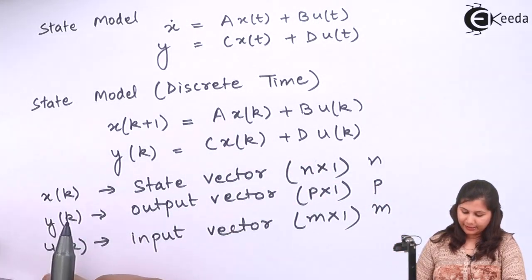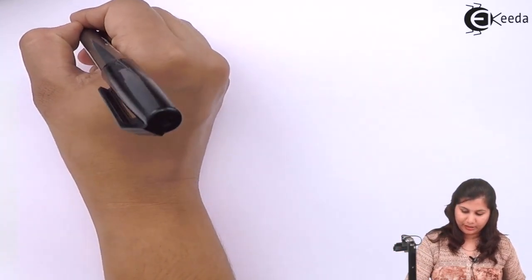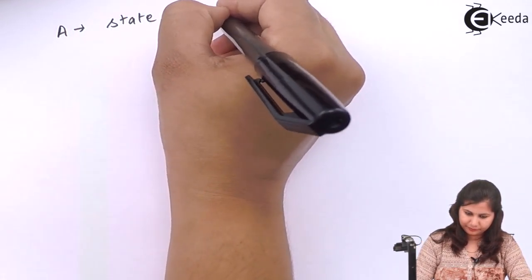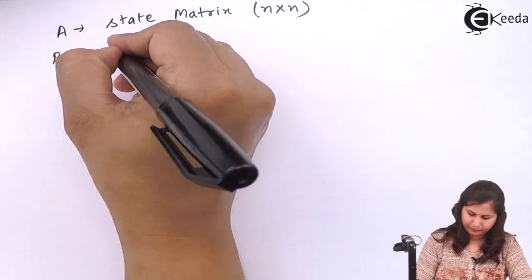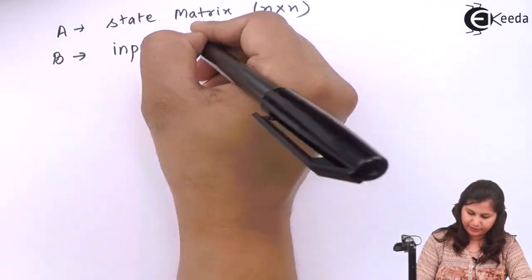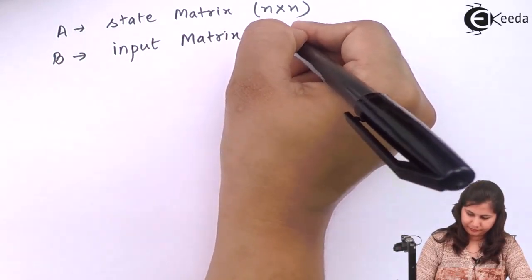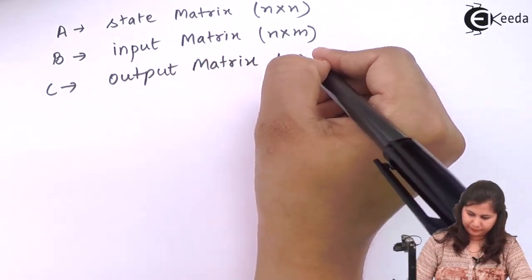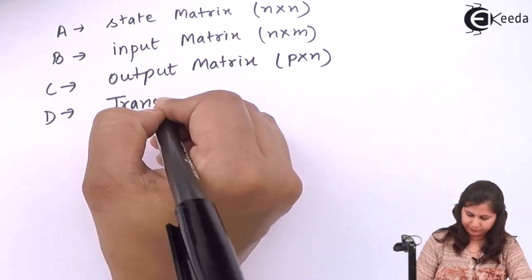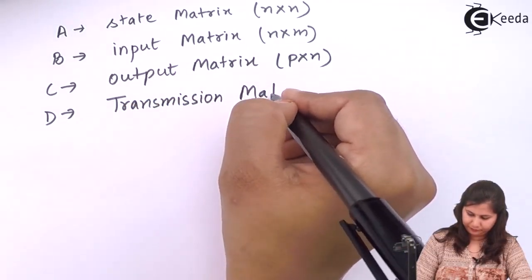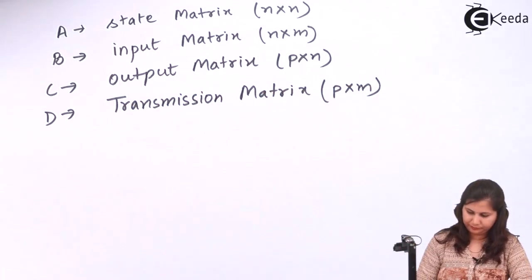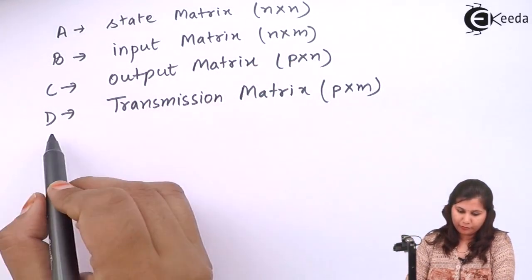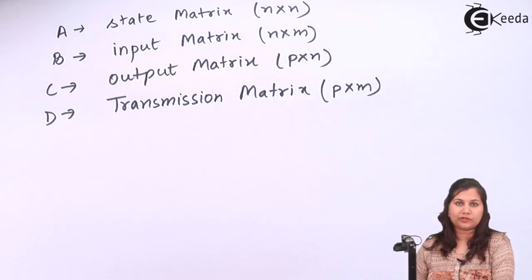And these matrices A, B, C, D: A is our state matrix, B is our input matrix, C is the output matrix and D is the transmission matrix.